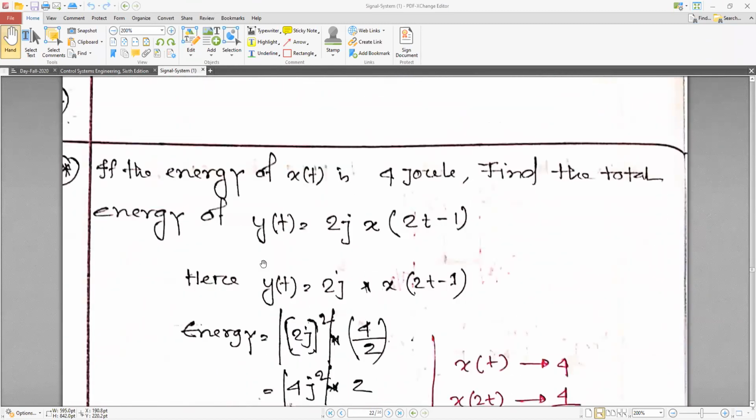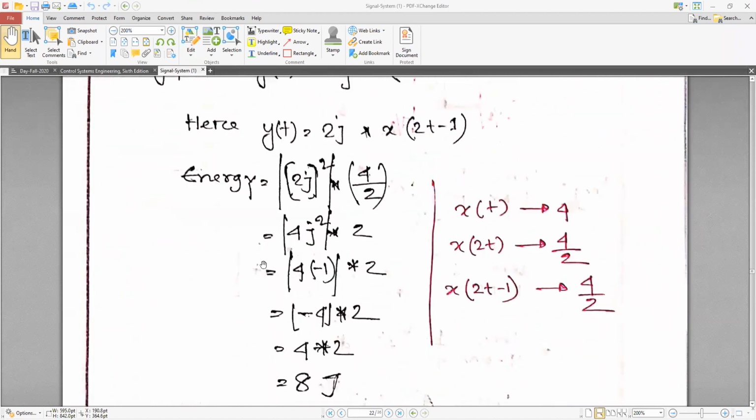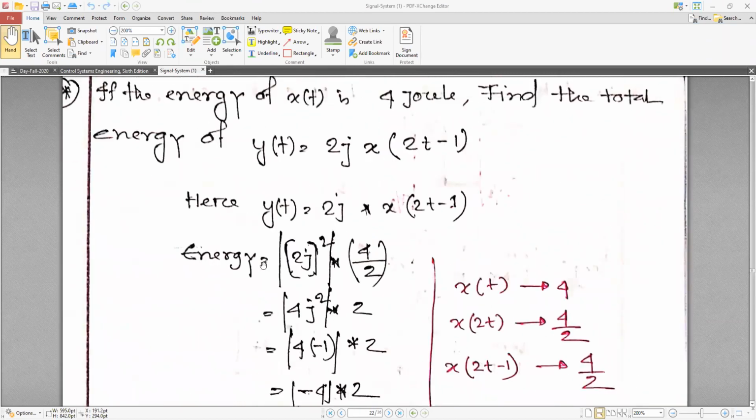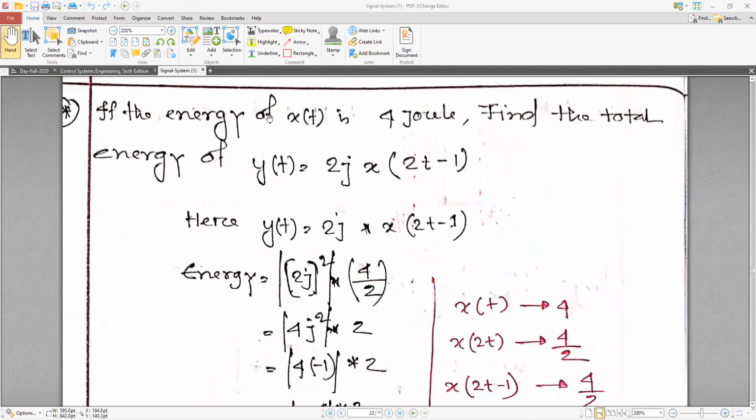This kind of equation. Now another one. If the energy of x(t) is 4 joule, find the total energy of y(t) equals 2j x(2t minus 1).